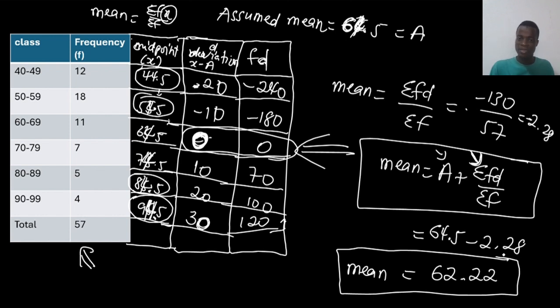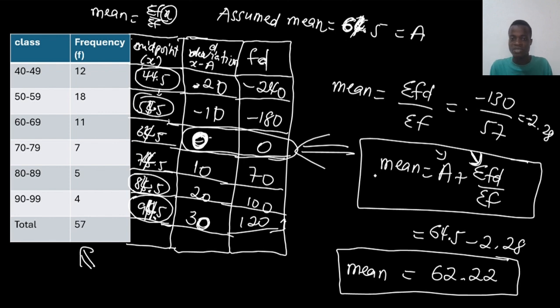So your actual mean is equal to the assumed mean plus the calculated mean, and the calculated mean is the sigma fd over sigma f. Note that sigma fd doesn't contain your assumed mean, so when you are done calculating that part, you come and add your assumed mean.